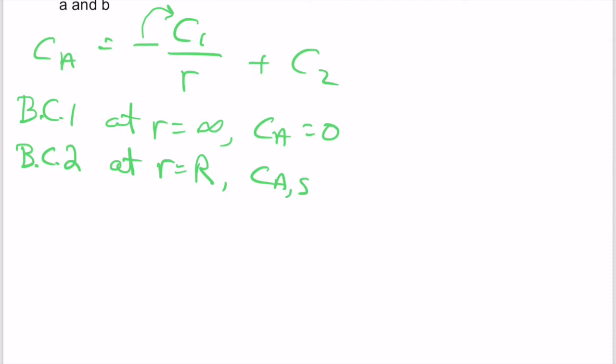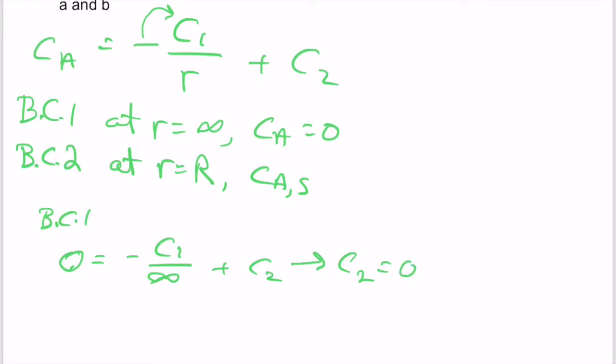All right, so let's plug those in. Let's start with boundary condition 1. So CA is 0 at minus C1 over infinity plus C2. So in this case, C2 must be 0. Cool. We'll plug in boundary condition 2.